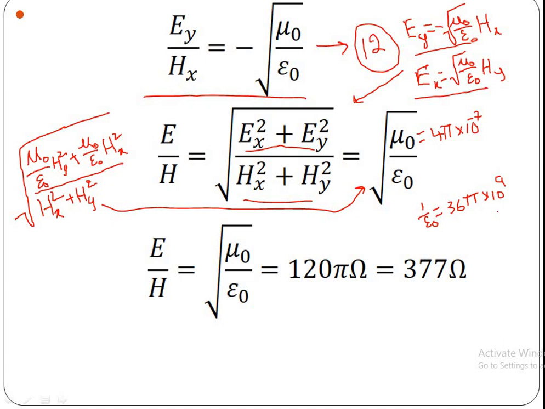So take that 1 by 4 to that side, that becomes 36. So 4 pi into 10 power minus 7, 36 pi into 10 power 9. If we do the calculation, then this becomes 120 pi units ohms, which is approximately 377 ohms.